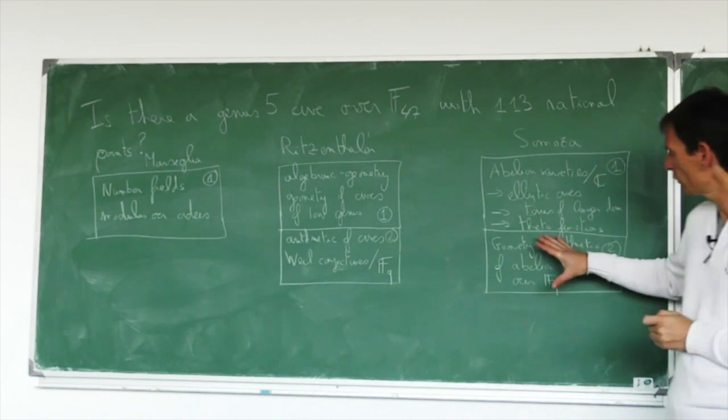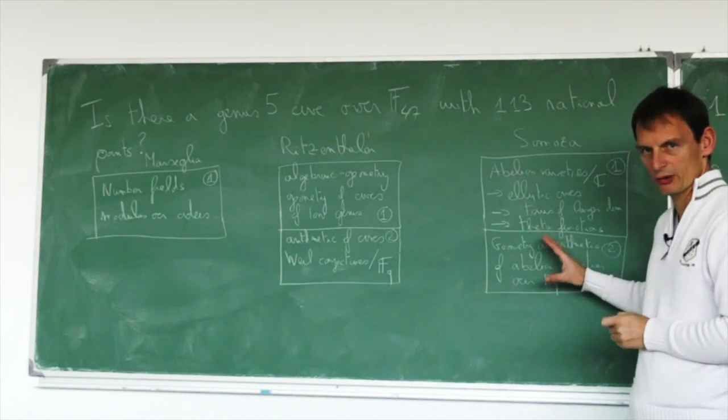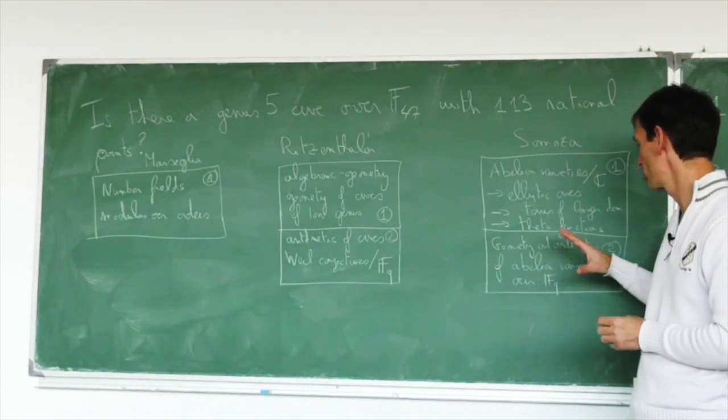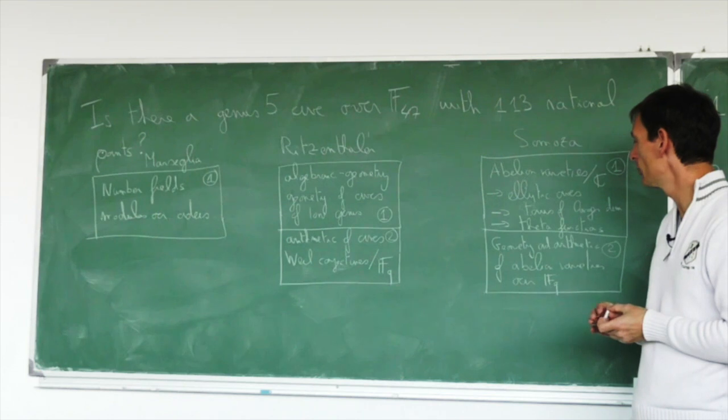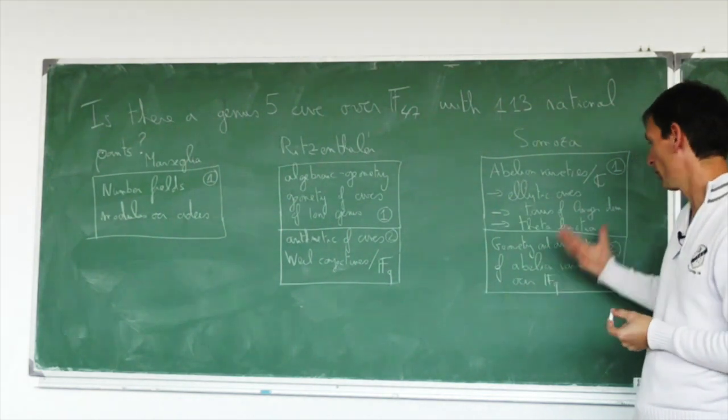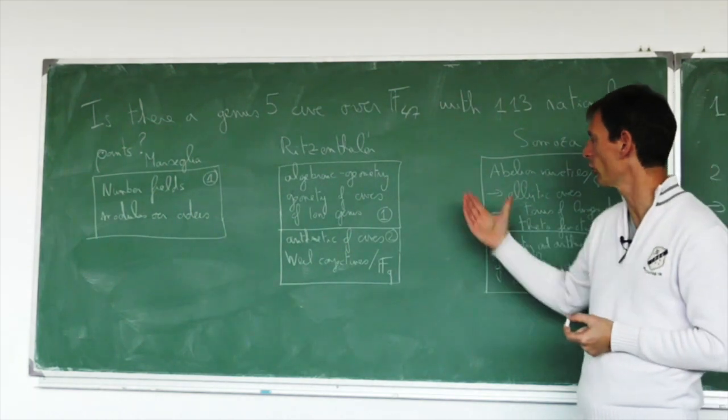And here, this topic is going to be more difficult in the sense that you will need a deeper intuition of how it works, and a deeper knowledge of algebraic geometry.